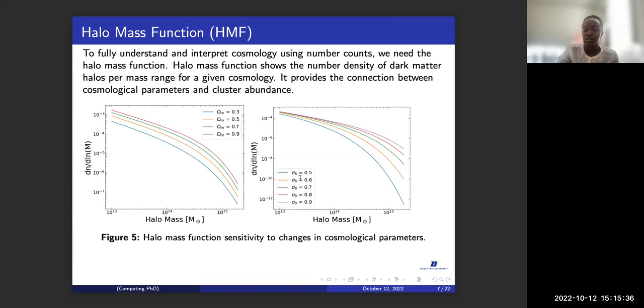But as we increase the value of density fluctuation, we only see an increase in the number of the massive halos. The low halo masses generally remain the same. It doesn't increase that much, but we see a higher increase in the number of massive halos.